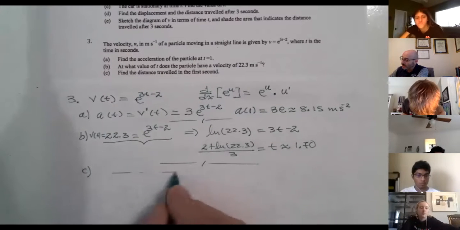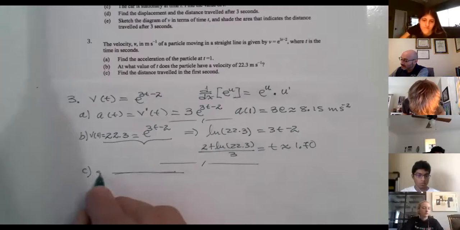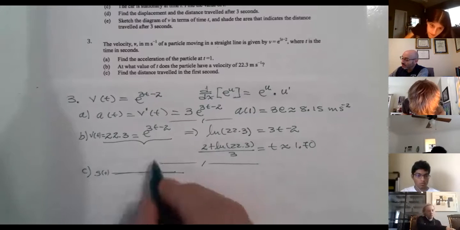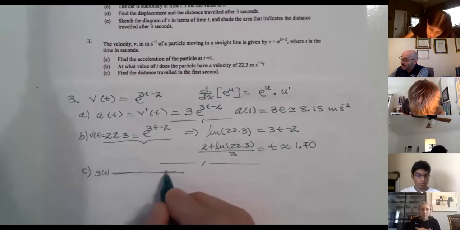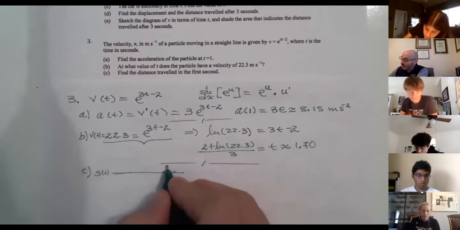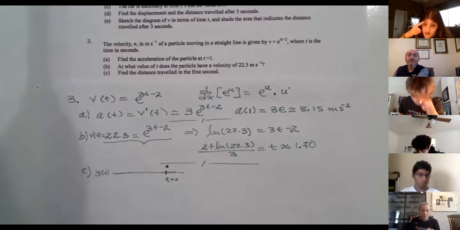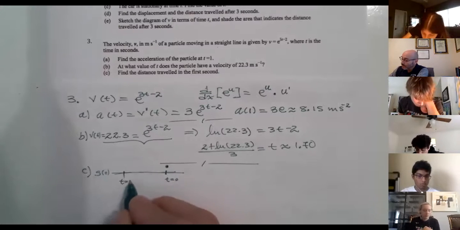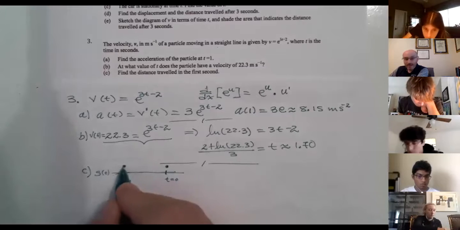Let's suppose this is S, the position. When the time is 0, the particle is going to be somewhere, and when the time is 1 second, the particle is going to be at some other place.